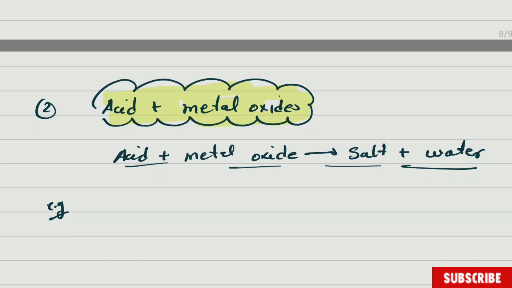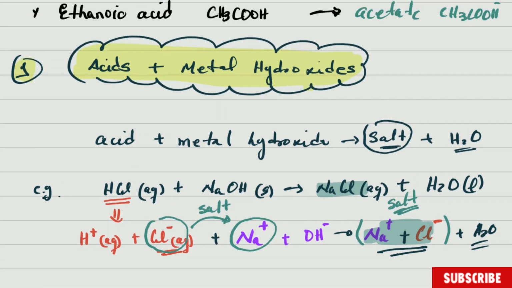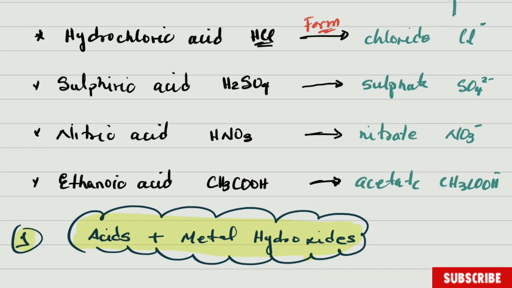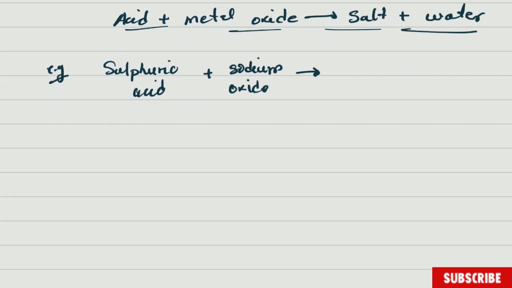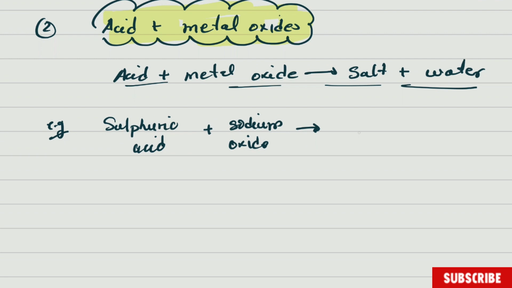For example, when we have sulfuric acid reacting with sodium oxide. Now, if you get sulfuric acid, remember sulfuric acid will give a sulfate. So this one is going to be sodium sulfate straight on, without even writing the formula.